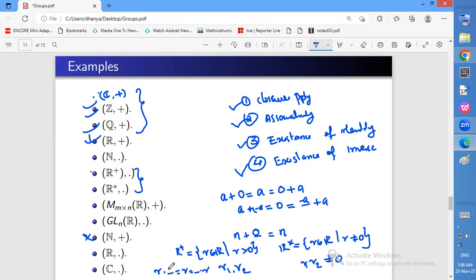The only possibility is 1, right? Also, 1 belongs to these two sets. So there exists an identity element for the multiplication operation in R plus as well as in R star. And finally, existence of inverse.